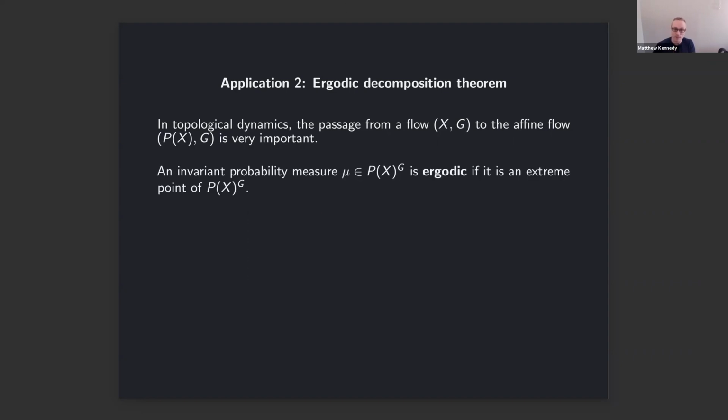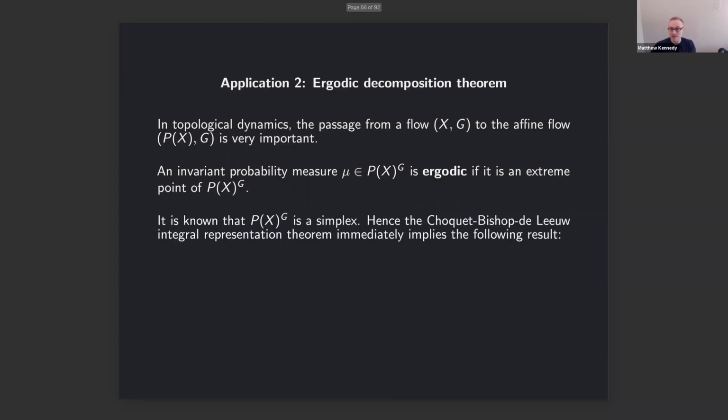And we say that a probability measure in P(X) is ergodic if it's an extreme point of the set of invariant probability measures. So this is a compact convex set. And in fact, it's a simplex. The set of invariant probability measures is, excuse me, a Choquet simplex.